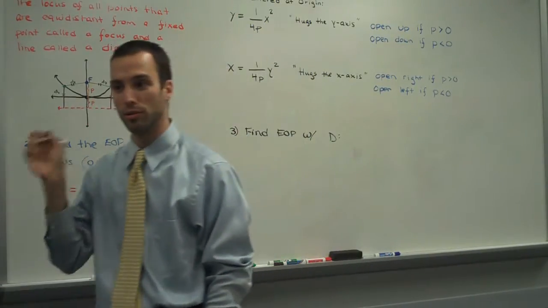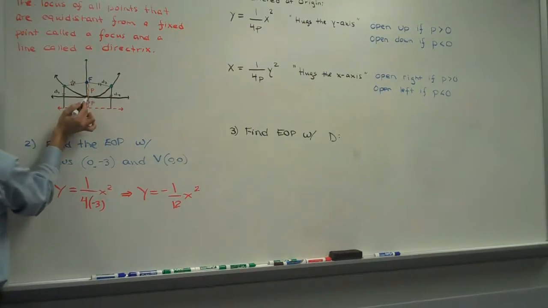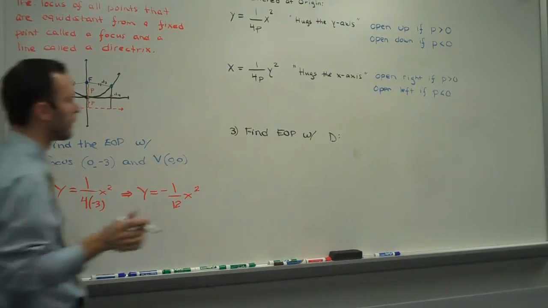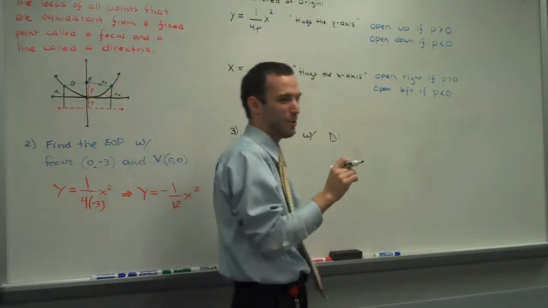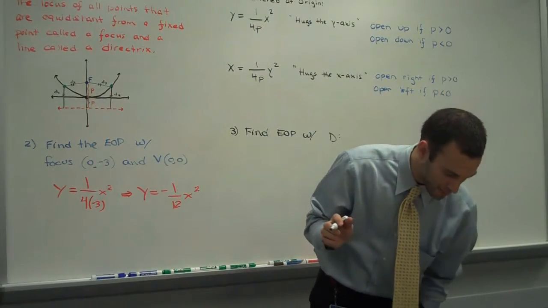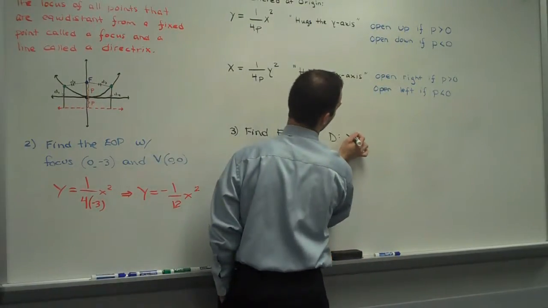Remember guys, don't lose your hats on this. How far is the distance from the vertex to the focus? It's p. How far is the distance from the vertex to the directrix? It's the same thing. Don't let that scare you. Find the equation of a parabola with a directrix of x equals -2.